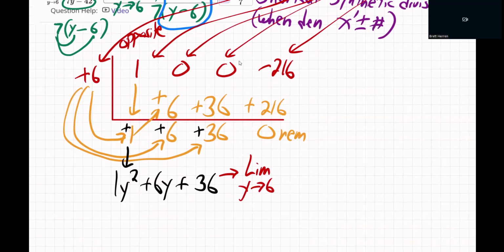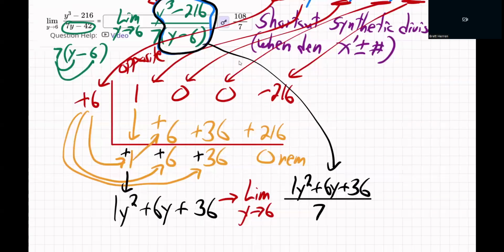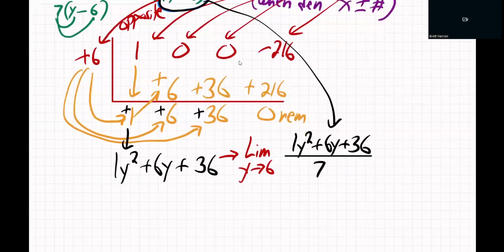Now the 7 is still on the bottom. I'll put it down there. But now we have y squared plus 6y plus 36 on top. That makes sense? This whole fraction, y cubed minus 216 over y minus 6, we divided the bottom into the top with synthetic division, and it became y squared plus 6y plus 36.